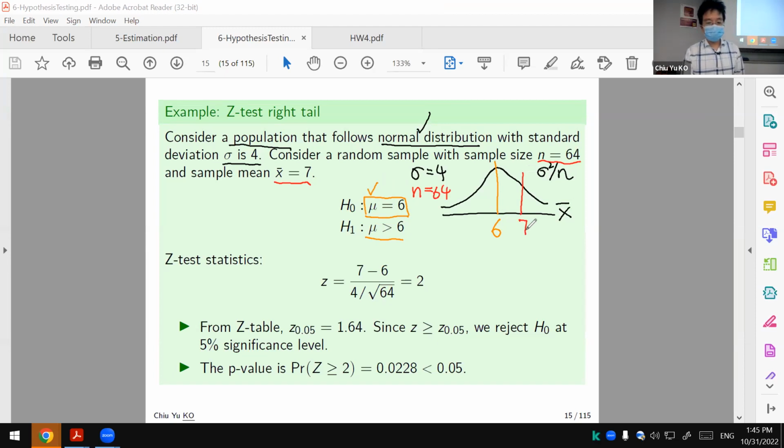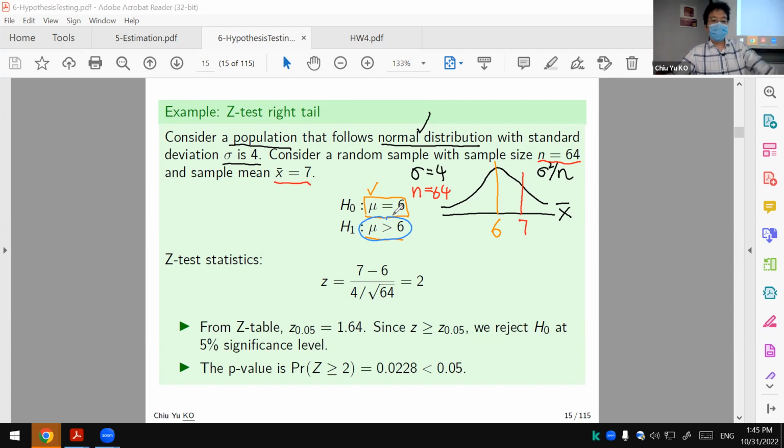And remember the alternative is more than. At the beginning you can check, at least on paper, on the surface, 7 is kind of related to more than 6, right? If your data is 5, then probably you can just go home, because the data doesn't support it, so you don't need to do further.